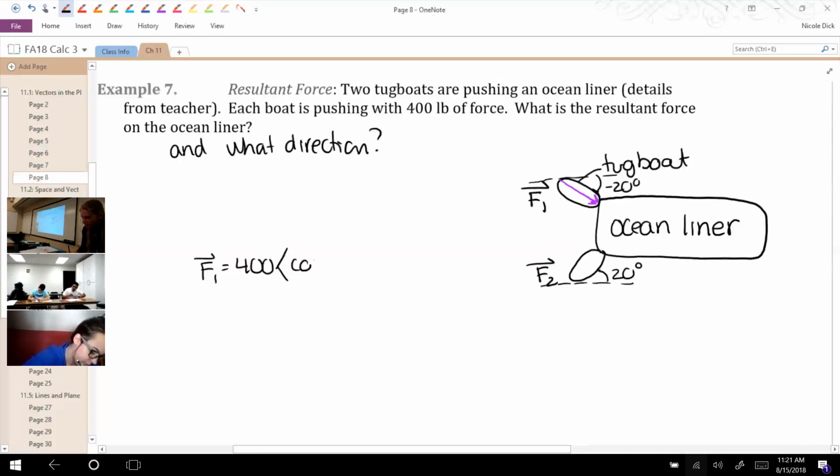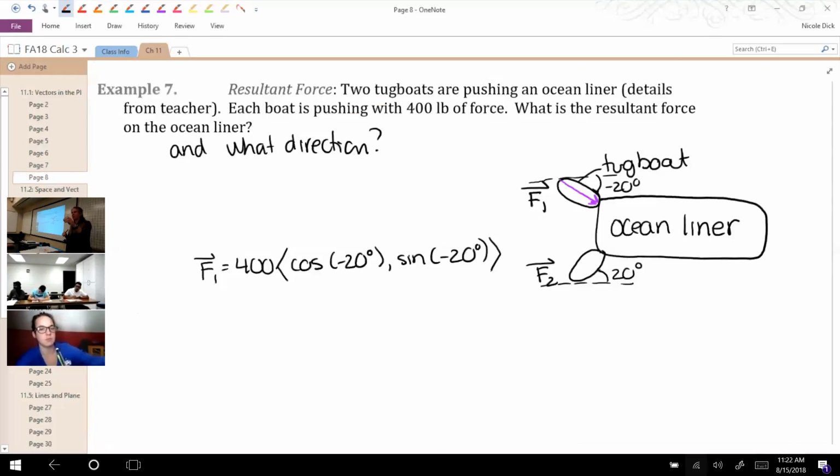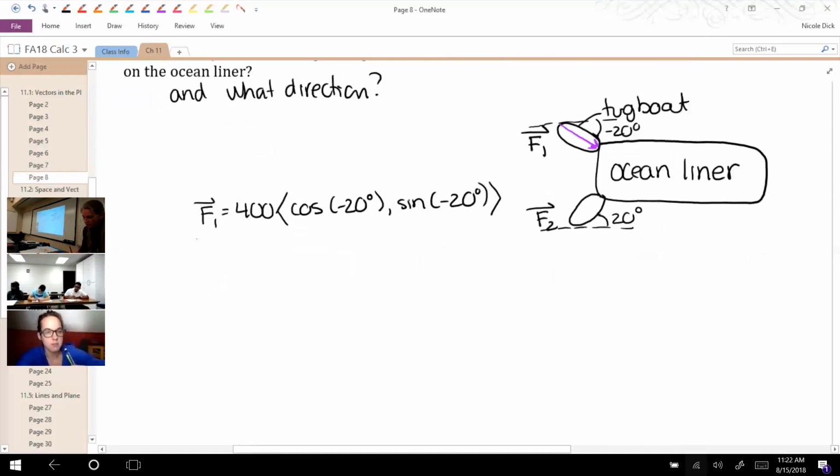So we need the cosine of the angle, which is negative 20 degrees, and the sine of the angle. I wrote that slightly differently. You can distribute that 400 so it looks more like the format we used on the previous page, but hopefully we can see it's the same thing. I just had the 400 out front instead of distributing. Does it make sense why that fits what the first tugboat does? Then for the second tugboat, we're going to do basically the same exact thing, only we're going to have positive 20 instead of negative 20.